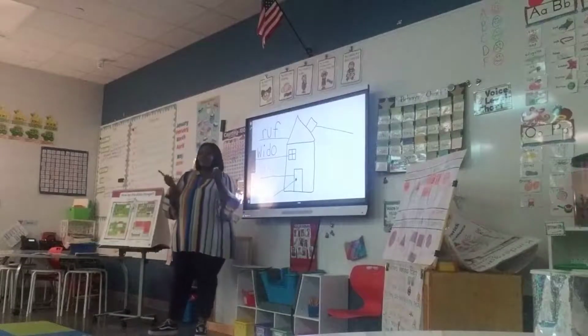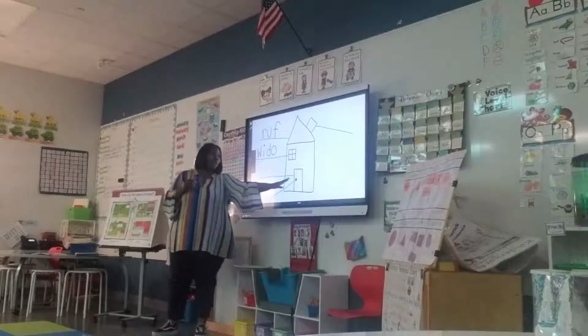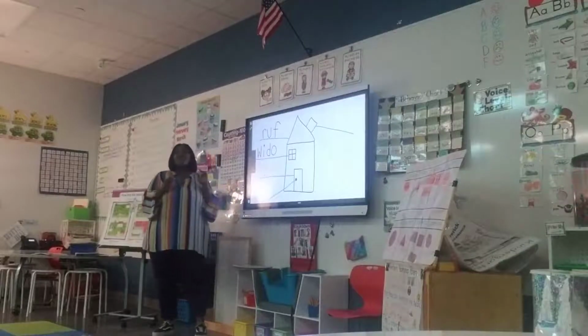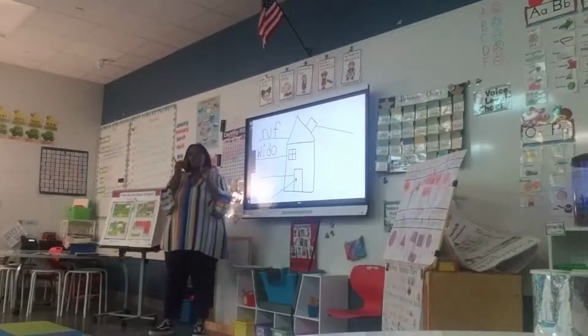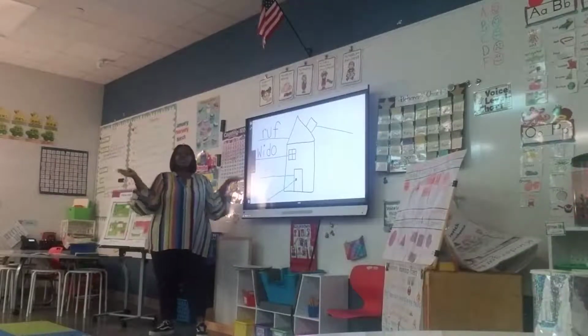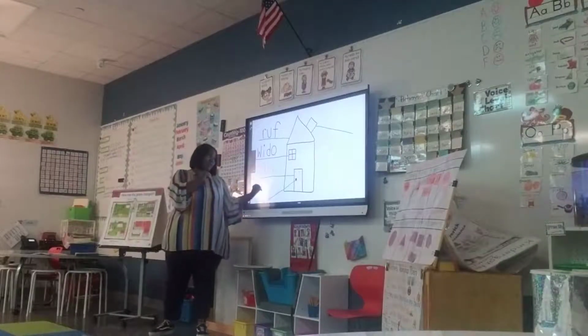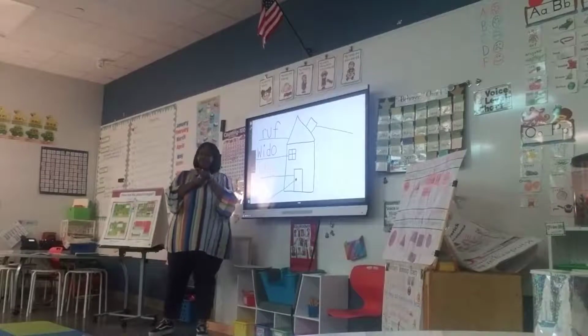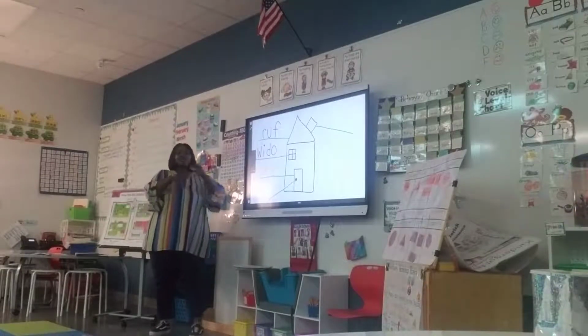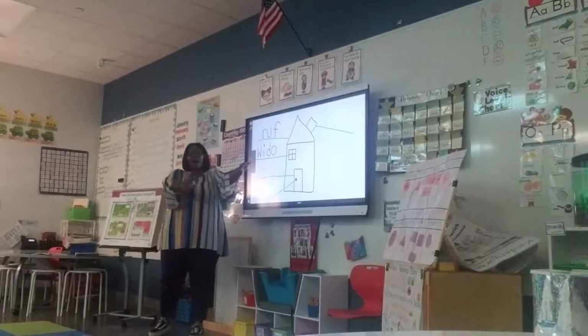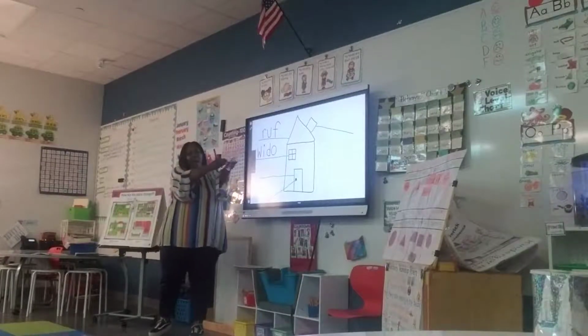Okay. All right. So now we're going to label the knob. First, I'm going to make sure that my letters and my sounds match the label on my picture. Let me think. The word knob. Let me sound it out. Pull it apart. Knob.